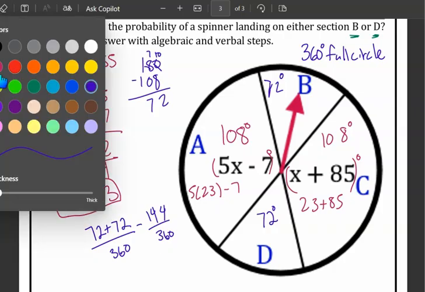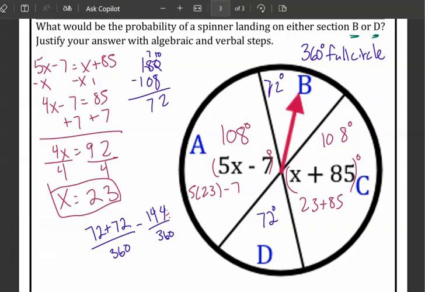You can simplify this fraction. Two-fifths. So it's 0.4, 40%, or just two-fifths.